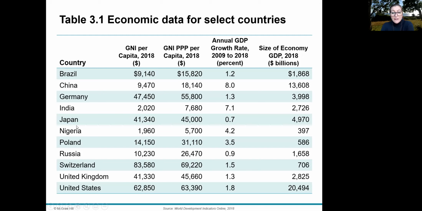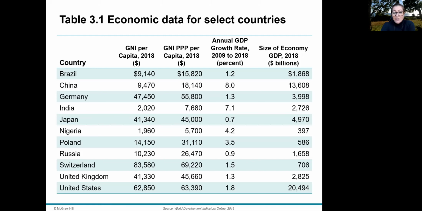Okay, now if we switch down to this last cell in the bottom right corner here, we can recognize that the US has a far larger size of the economy, measured as GDP in billions of dollars, right?